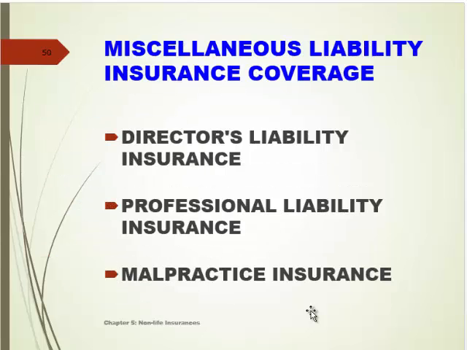And again, as I'd already mentioned, there's professional liability insurance, there's malpractice insurance. There are a variety of different forms of this insurance that ultimately cover things that you do that are wrong, that injure another person, but aren't damage to property per se. That's the end of Chapter 5.